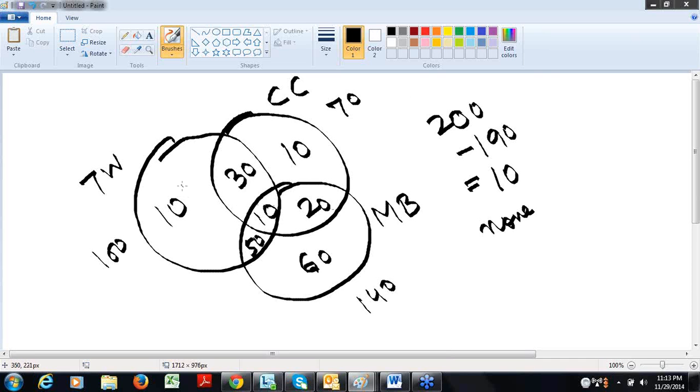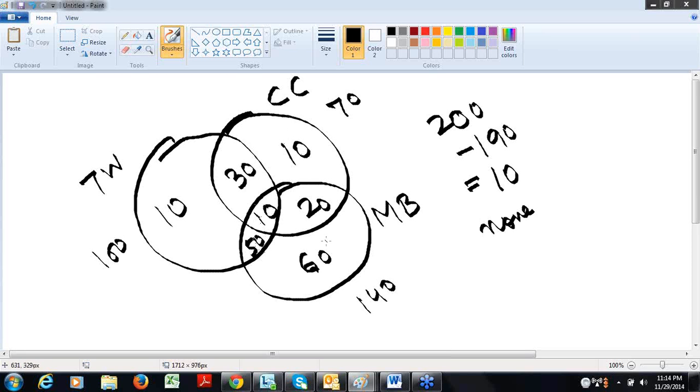Two-wheeler and credit card total is 40, and all three is 10. So we put 10 in the middle, and this is 40, so this is 30. Similarly, mobile phone and two-wheeler is 60, out of which 10 is common, so this is 50, only two-wheeler and mobile phone.